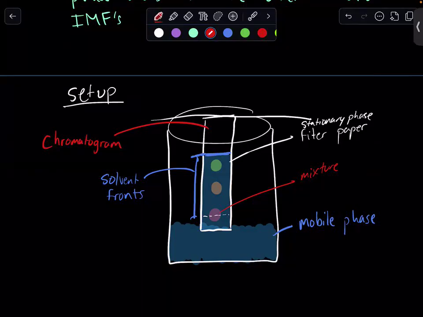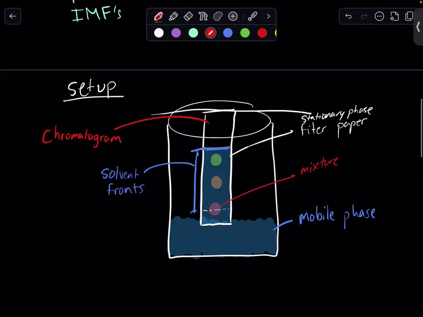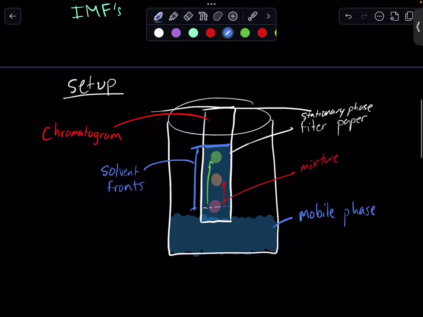So that is what we analyze after. So we're going to analyze our chromatogram. And we'll notice that we have different pigments or dyes, depending on what we're doing, moving different amounts. And meanwhile, our solvent moves all the way up, and that's our solvent front. All right. One quick thing that the IB gets really picky about is this line you draw should be drawn with pencil.